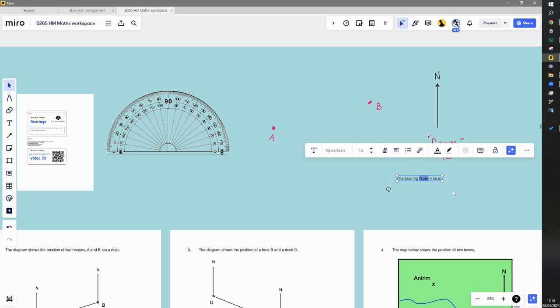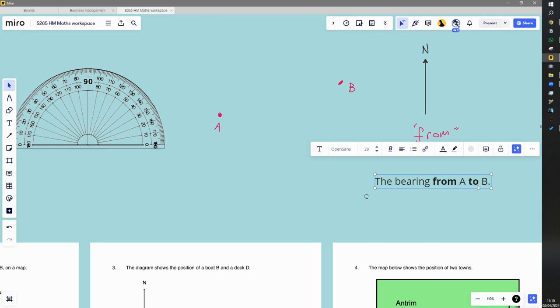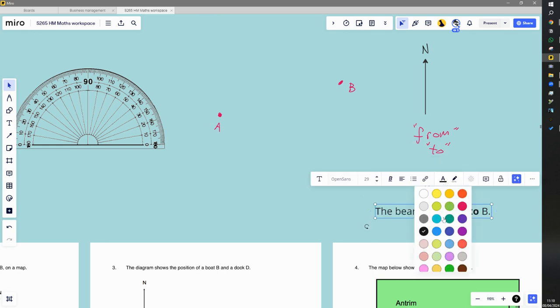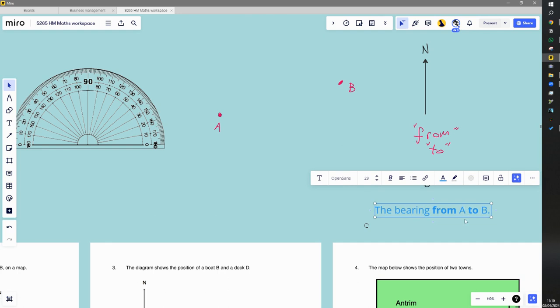Of course, they could have avoided using those words, but I don't think they're going to be able to avoid using both those words. And then I'll do this in a different colour. So then we could also do the bearing from B to A.